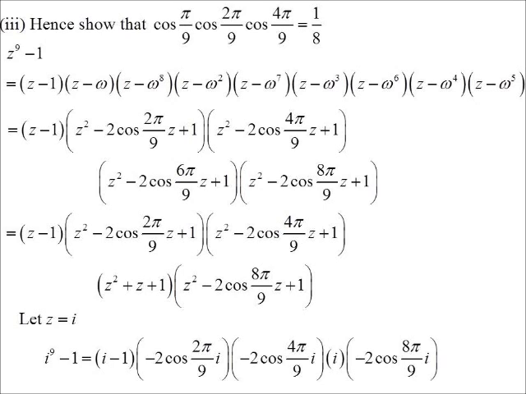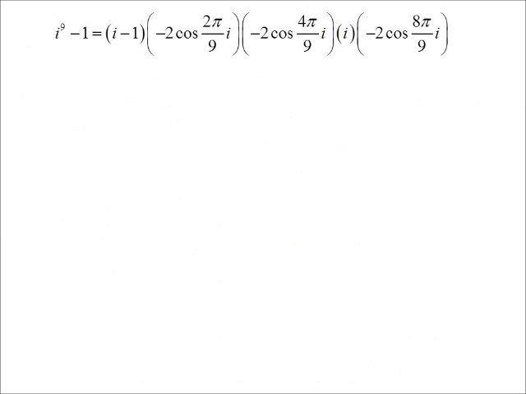But have a look what happens in each of the parentheses. In each of the parentheses I have z squared plus 1. z squared now becomes i squared. And i squared plus 1 is 0. And I now have ended up with a product of these cosines. Boom. This is a bit awkward, the i minus 1. But hang on, i to the power of 9 is i.